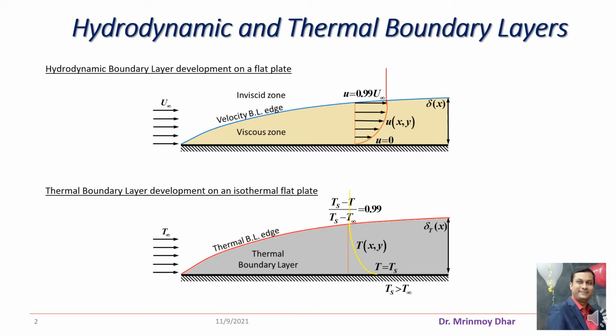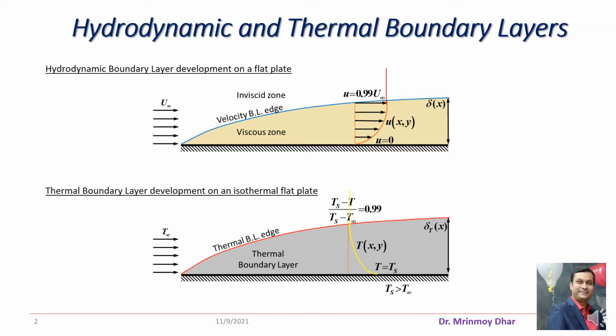Experimentally we can arrange this situation by keeping a plate above a layer of fluid which is at saturation temperature, say water at 100 degrees centigrade. Water at 100 degrees centigrade is at boiling temperature.